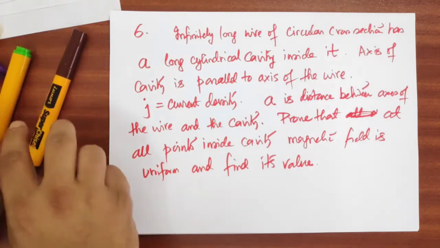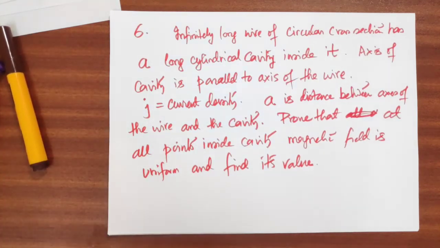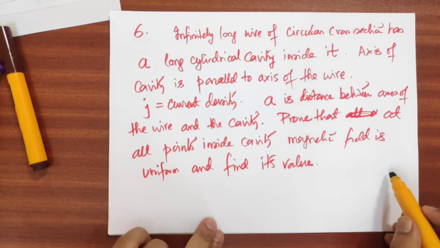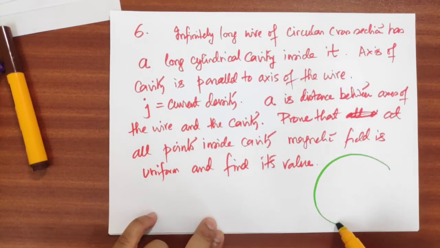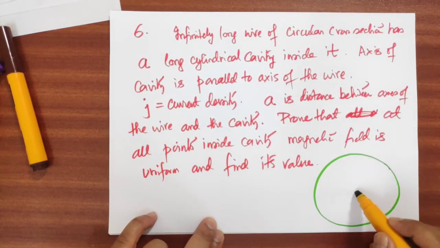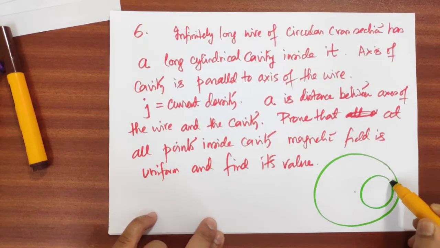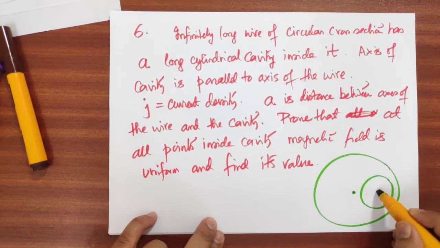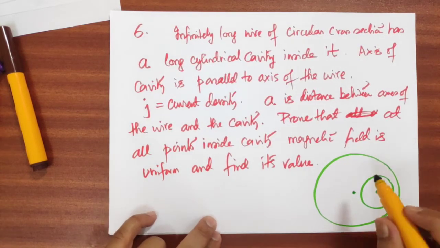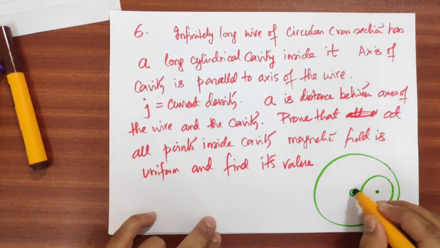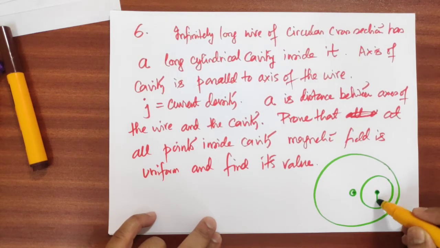So the thing is like this. Without the cavity, the wire would be like this, but there is a cavity here, and we are looking along these two axes, so the axis will look like a dot.